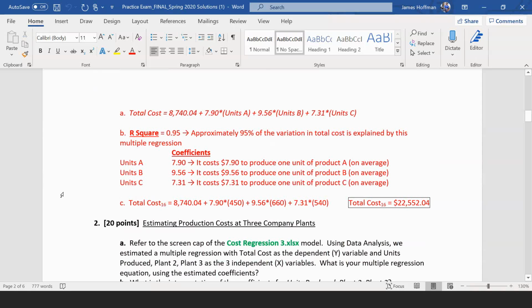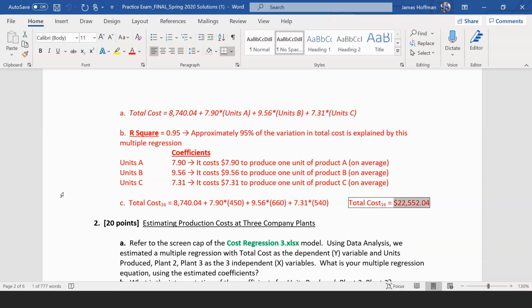Okay, so total cost for month 16 is the intercept 8,740.04 plus 7.90 times 450 units of A, plus 9.56 times 660 units of B, and then plus 7.31 times 540 units of C. All right, and if you just add all these together, the total projected cost comes out to looks like 22,552.04. And make sure that when you get the total cost, that it's in the right range.